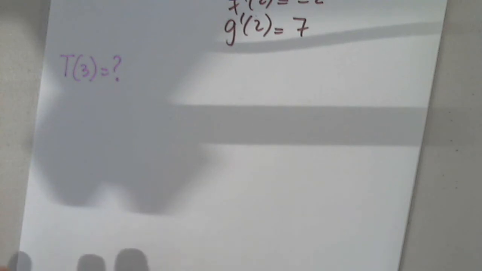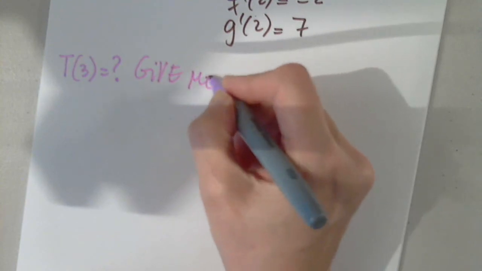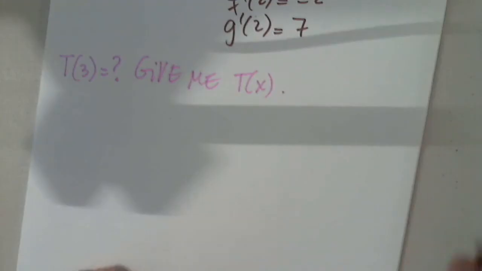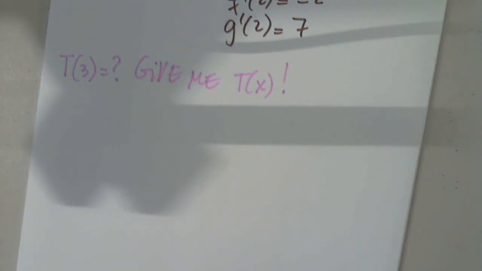What would be your question? You don't know anything. What number is t substituted in for? Exactly. The question is, give me the function. Give me t of x. If you have t of x, you can plug in 3.